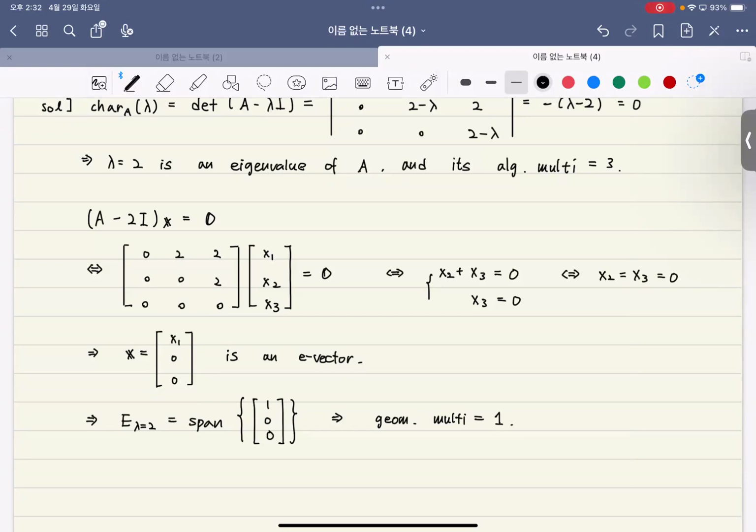At this point, I would greatly enjoy finding some relation between the algebraic and geometric multiplicities. And actually there is a relation. The geometric multiplicity is always less than or equal to the algebraic multiplicity. In other words, geometric multiplicity cannot exceed the algebraic multiplicity.